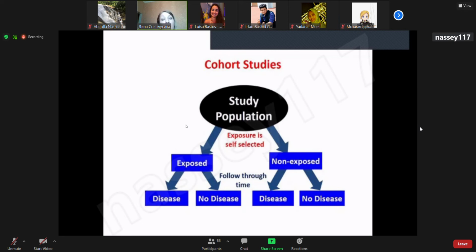Only after this identification can we follow subjects through a certain period of time, and after it has finished we estimate the outcome status. So we expect that exposed subjects will develop a disease, or maybe are more likely to develop a disease, while non-exposed subjects will be less likely to develop a disease.